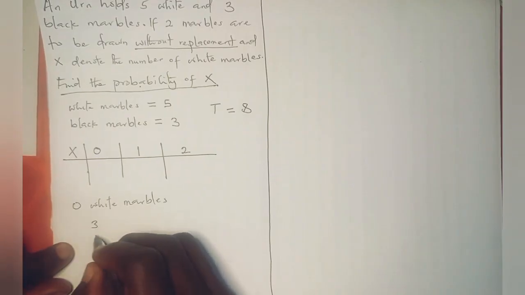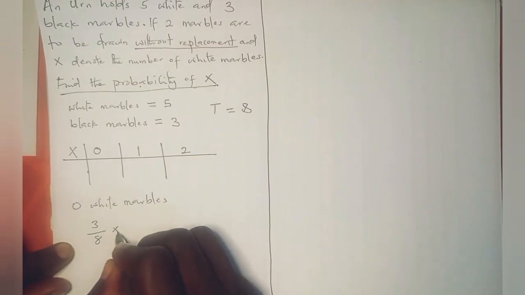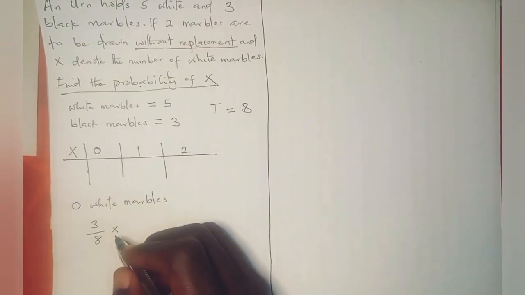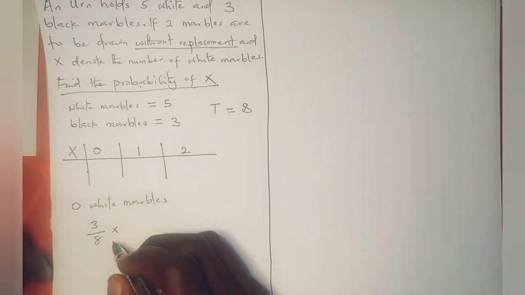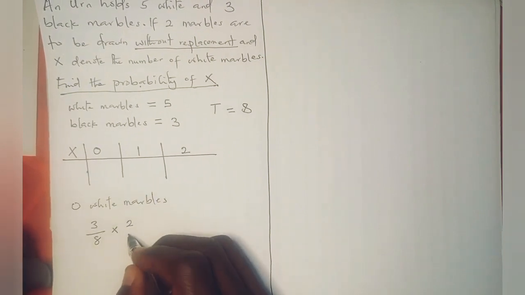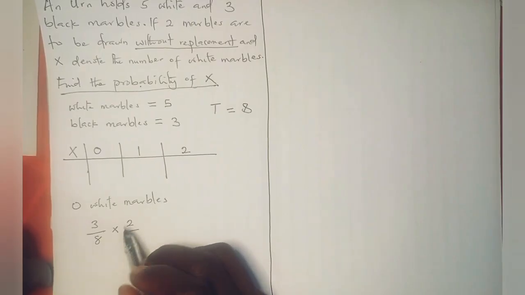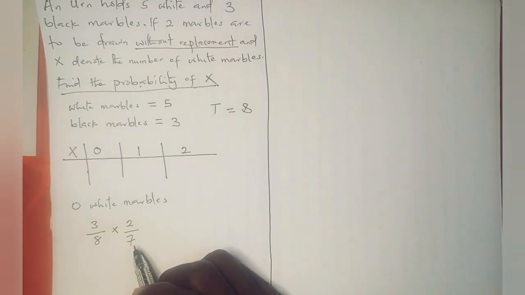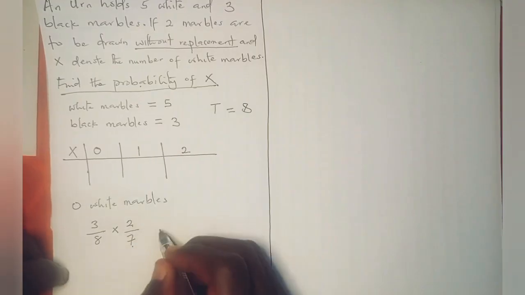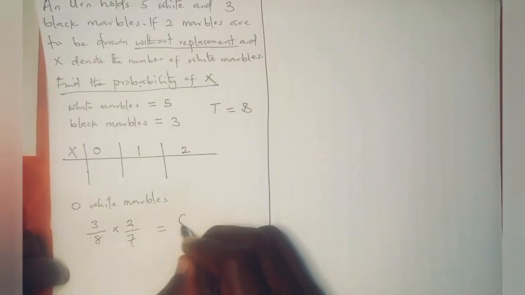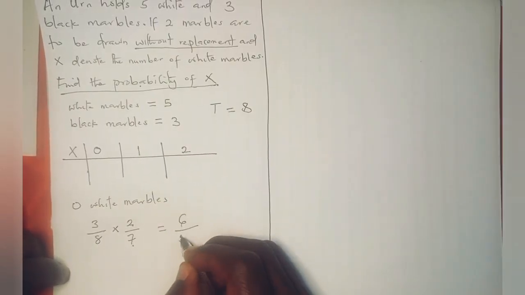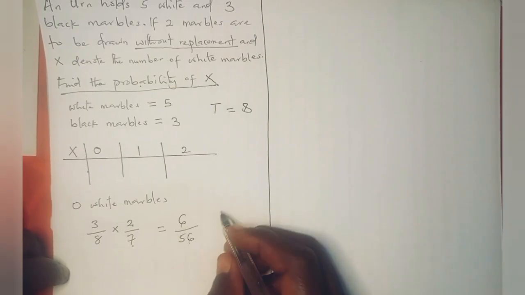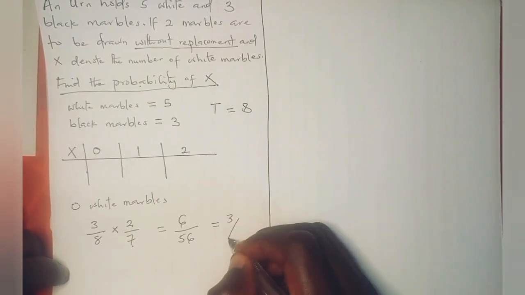That is 3/8 multiplied by the second marble drawn also being black, and that is 2 divided by 7. Why do I have 2 here? Because it's without replacement. The first one drawn is black, so when you are drawing the second one, it has reduced by 1. That's why we have 2 here and 7 here. If we multiply this together, 3 times 2 gives us 6 divided by 56. We can still divide it further, and this will finally give us 3/28.